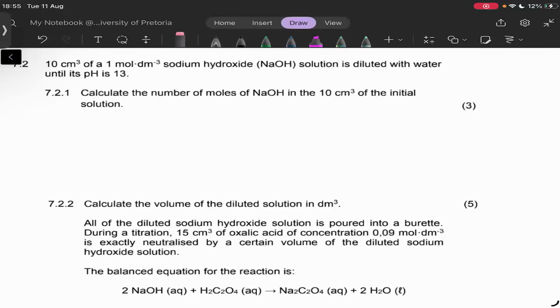For 3 marks, whenever you see a 3-mark question, it is a simple formula substitution and answer type of question. So for this one, I do trust you guys will be able to do that. I want to give that to you guys as a challenge. What is the number of moles of the sodium hydroxide solution in 10 cubic centimeters?